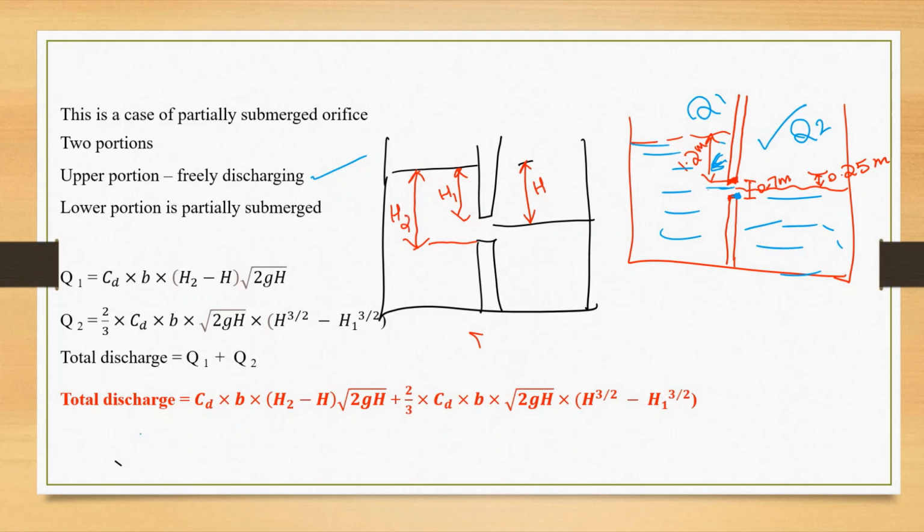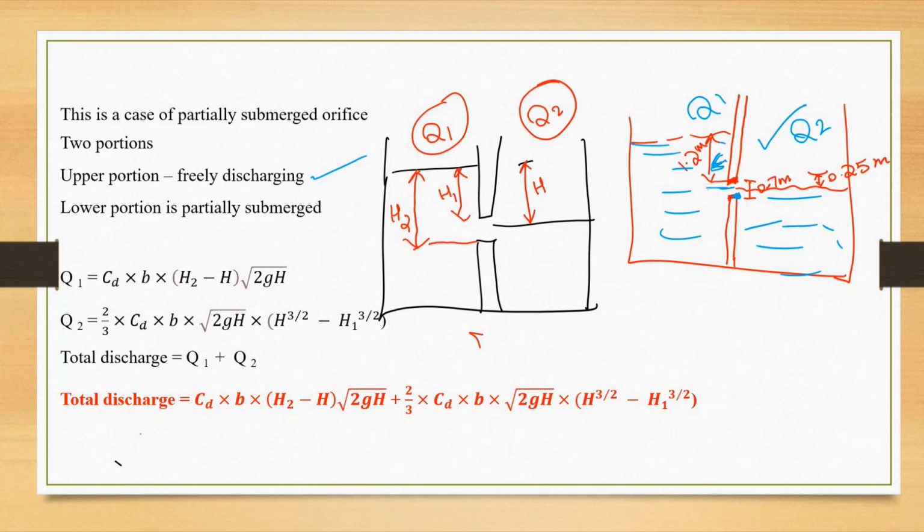If this is the case, then Q1 is equal to Cd into B into (H2 minus H) into root 2gH, and Q2, the discharge on this side, will be 2 by 3 Cd B into root of 2g into (H raised to 3 by 2 minus H1 raised to 3 by 2).